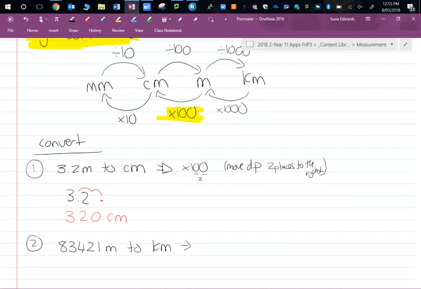What are we doing this time? Good, we're going to move the decimal place to the left by how many places? 3 times, because we're actually dividing by 1,000. Now, if you have a calculator, you can just go divide by 1,000. However, it's probably easier to actually just know. So this means left 3 decimal places because of the 3 zeros.